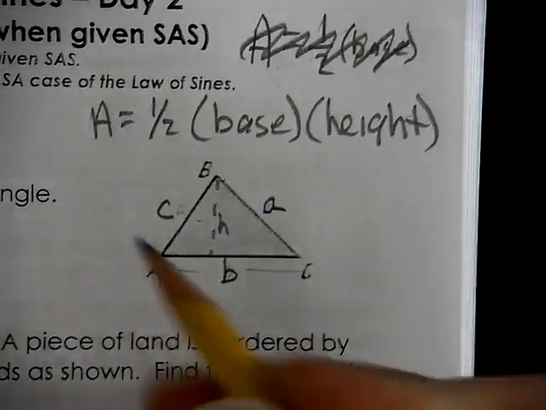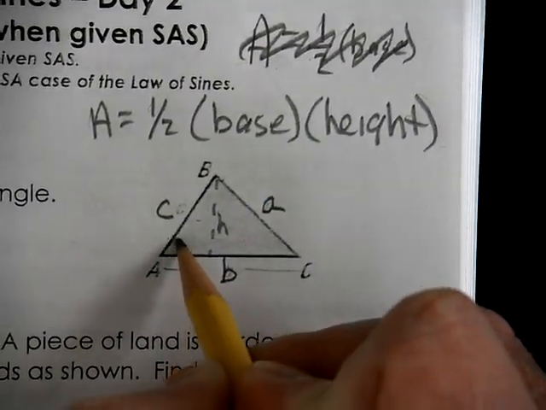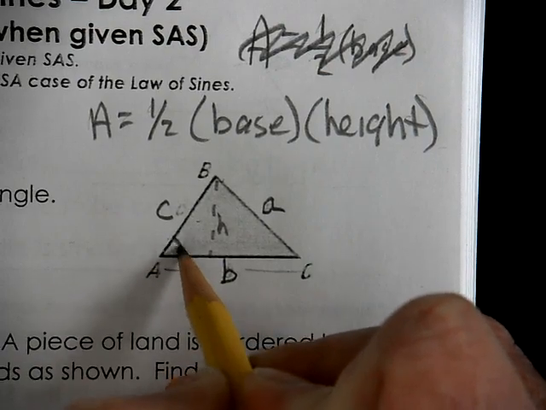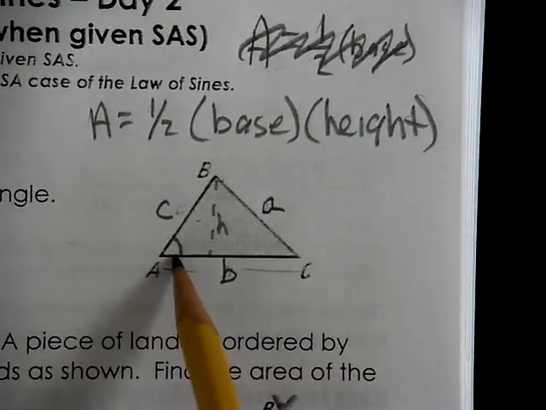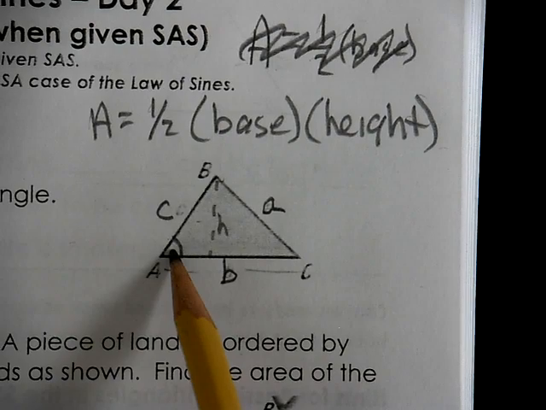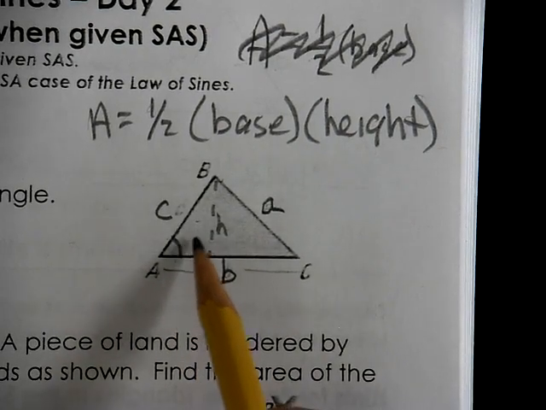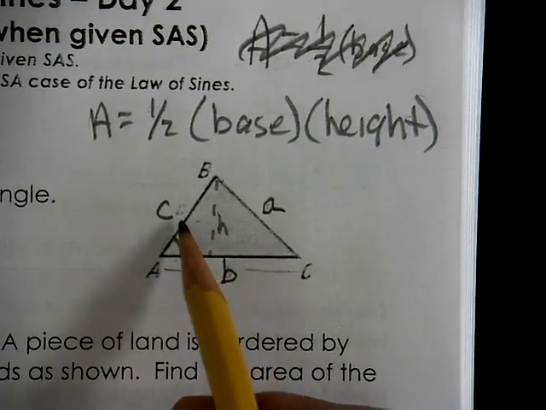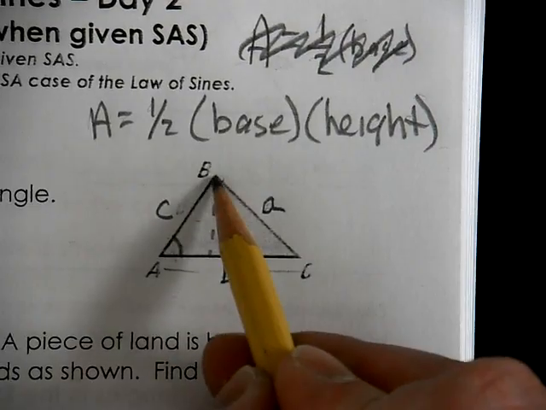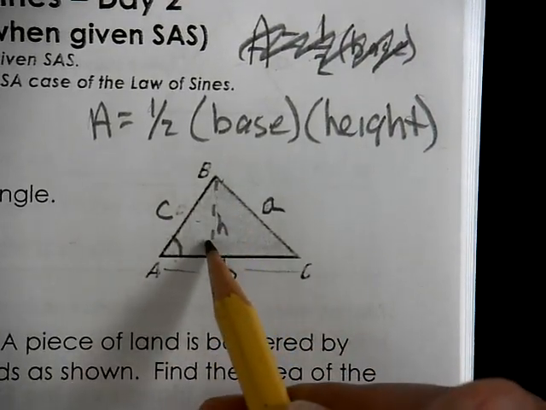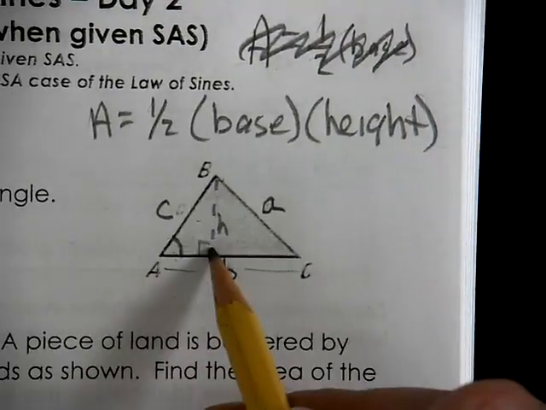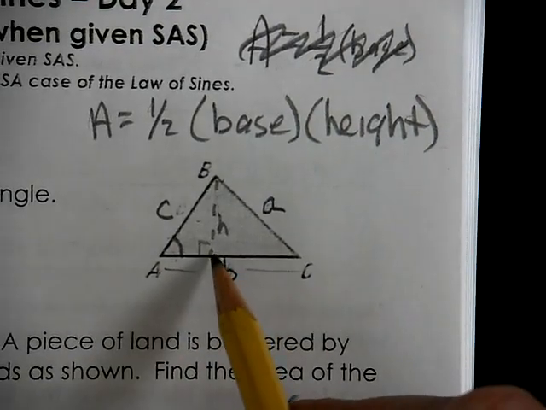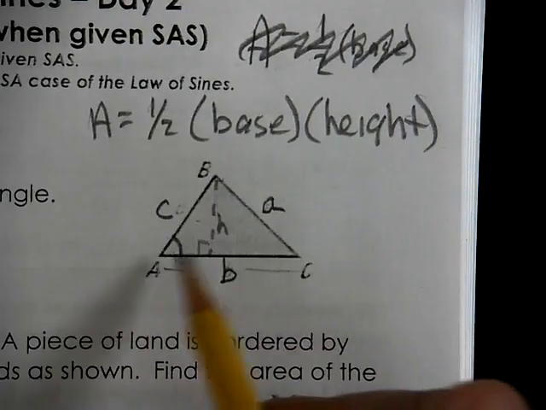Make that H. We'll be under the impression that we know A. So if we're given A, then we can do sine of A, which would be the opposite over the hypotenuse. If you look here, by dropping down this dashed line, we're making an altitude. We're making 90 degrees with the opposite side. That is the height of the triangle.